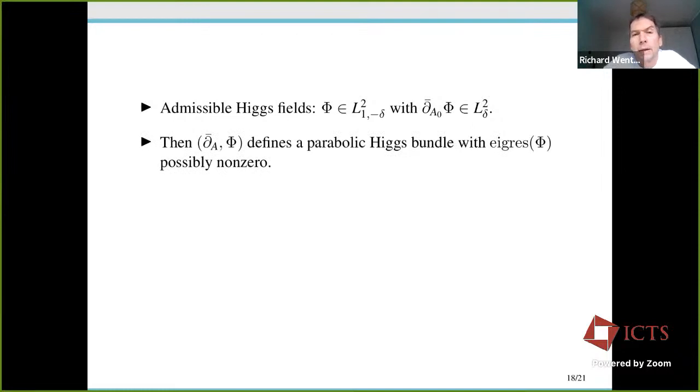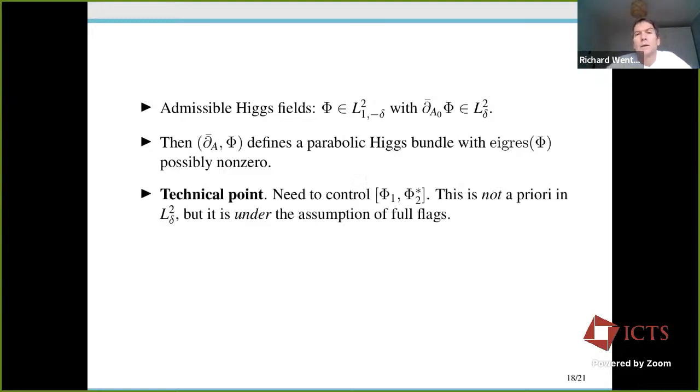Okay, and indeed, this is the right kind of setup. If we have a Higgs bundle, and I impose that this is holomorphic with respect to d bar A, then indeed that recovers for us a parabolic Higgs bundle. And the point about taking minus delta here is that it allows for the possibility of the eigenvalues of the residue of the Higgs field to be non-zero.